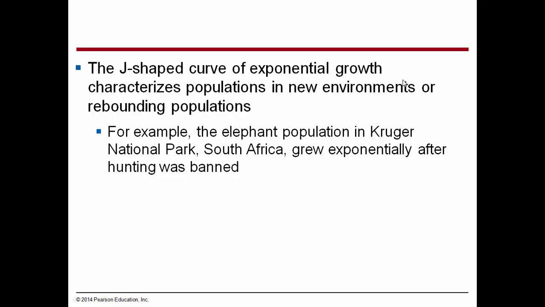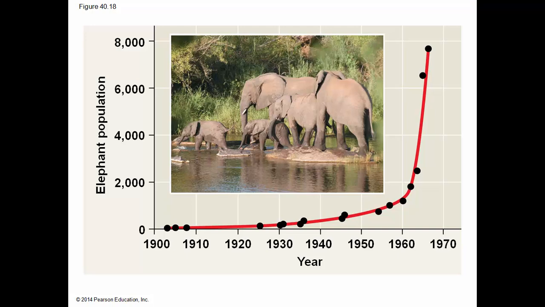The J-shaped curve of exponential growth characterizes populations in new environments or rebounding populations. For example, the elephant population in Kruger National Park, South Africa, grew exponentially after hunting was banned.